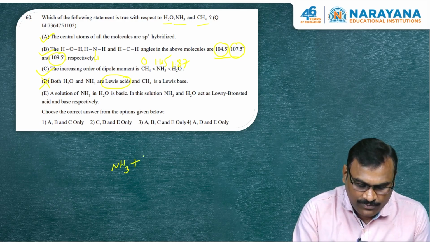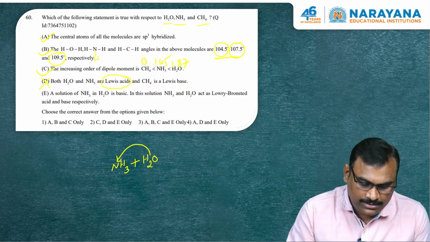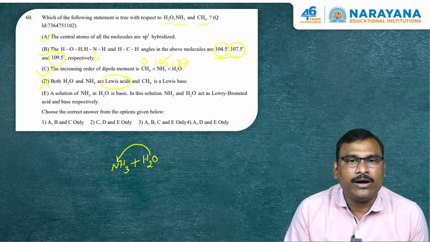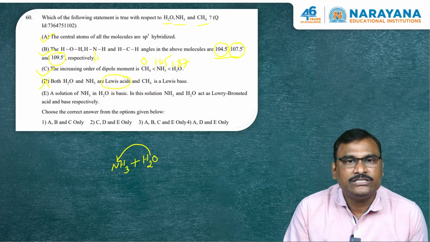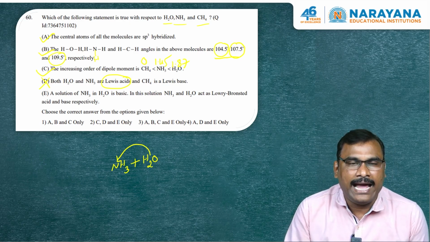In ammonia and water, water protonates ammonia, or donates H plus to ammonia. According to Bronsted-Lowry theory, that which donates H plus is an acid and that which accepts the H plus from the donor acts as a base.